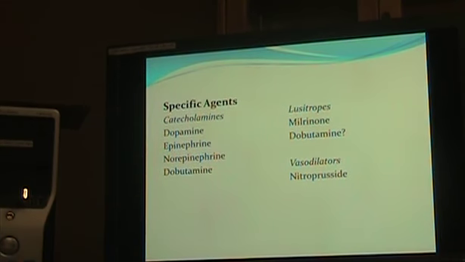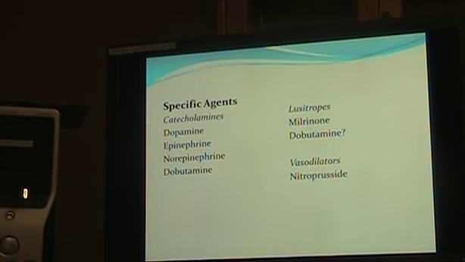So we talk about specific agents and catecholamines in particular. We're thinking about dopamine, norepinephrine, epinephrine, and dobutamine. Typically in the PICU, we'll be using a peripheral dopamine in the transport environment because it's much safer to run than epinephrine in a peripheral line.